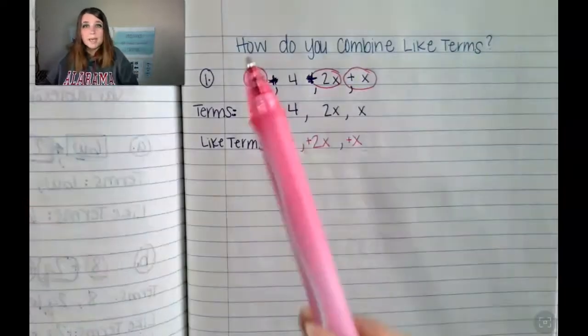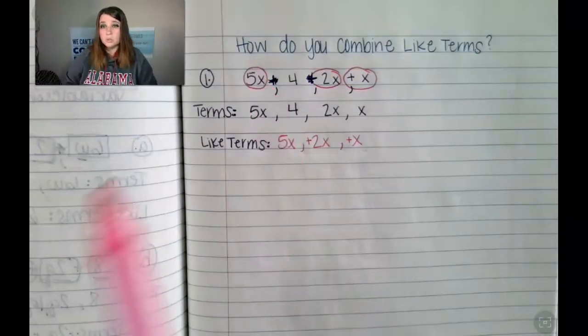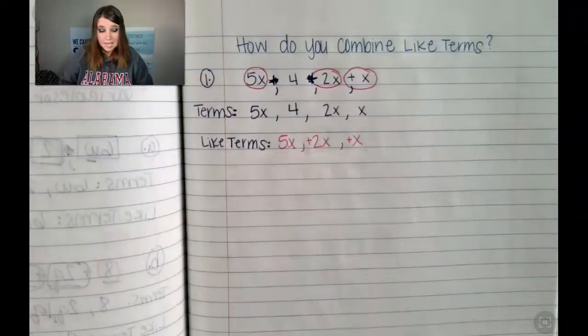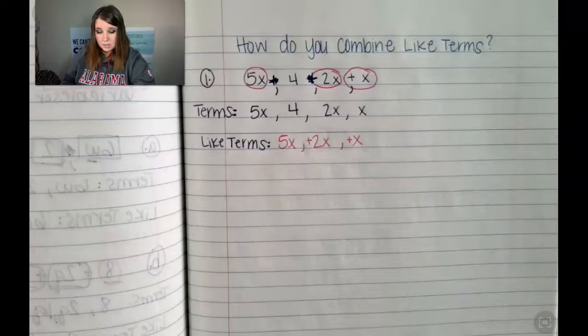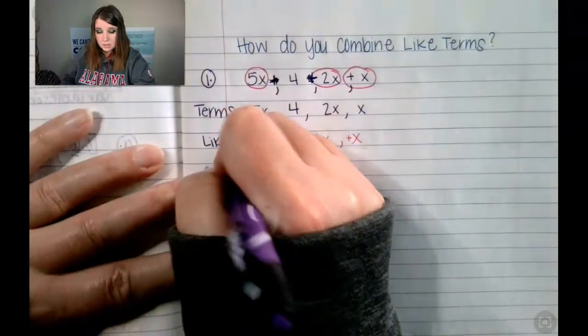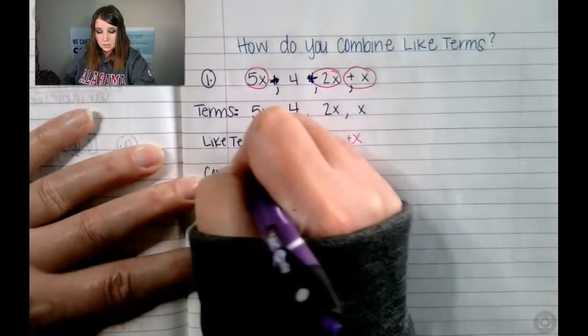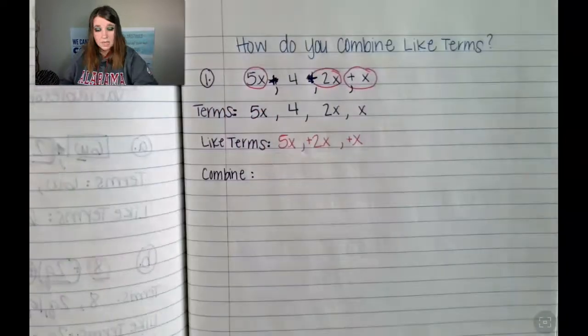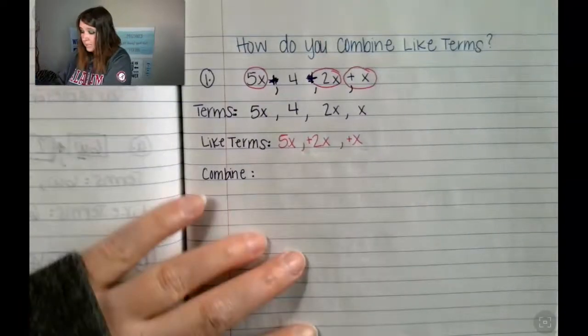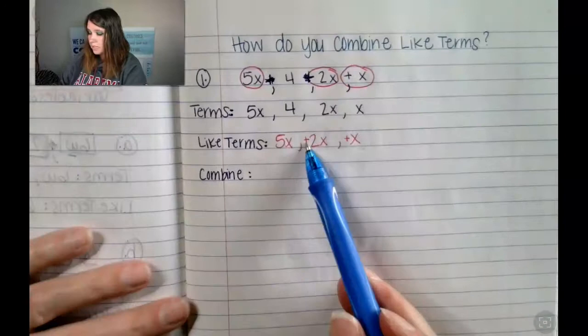Now, when we combine like terms, we're going to put together all the ones that are the same. When we combine them, we're going to put them down together. We're going to add these two because this one came with a positive sign.